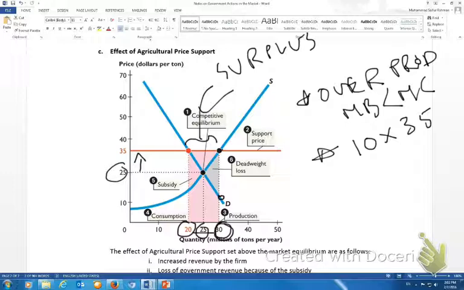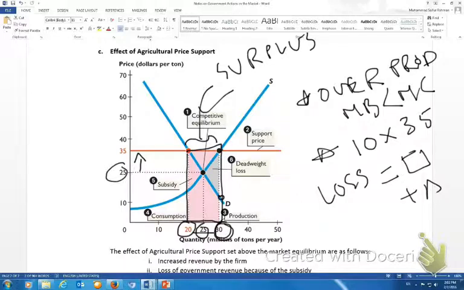The government therefore provides a subsidy equal to the pink rectangle that also includes the deadweight loss. So this is a very serious problem where, as a result of price support, the economic loss is the rectangle plus the triangle. There are two losses, and both of them tell us that economic outcomes are inefficient.